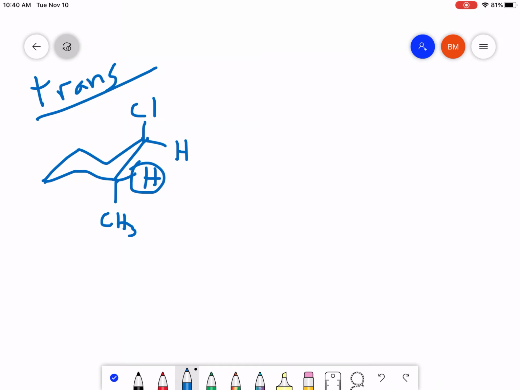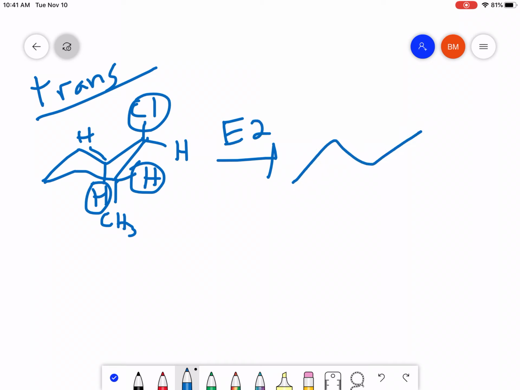Can we do anything? Well, don't forget, there's another beta carbon. This beta carbon has two H's, and lo and behold, one of them is an axial H. So what that means is that you can absolutely make a double bond between those two carbons.